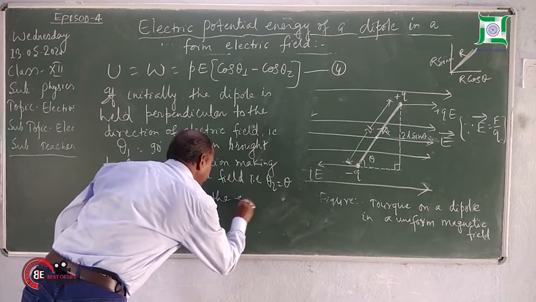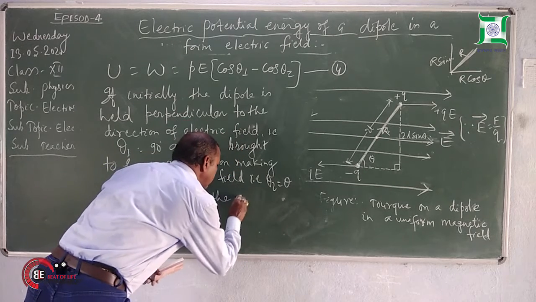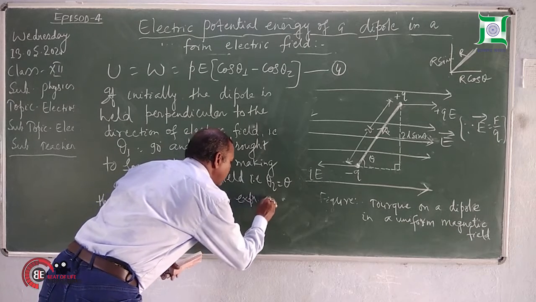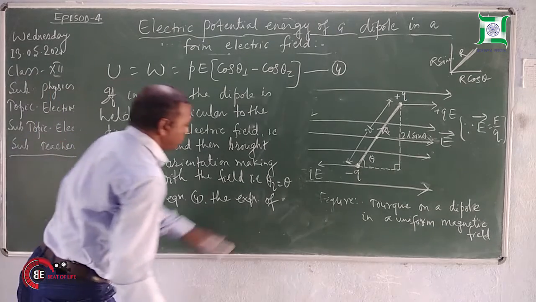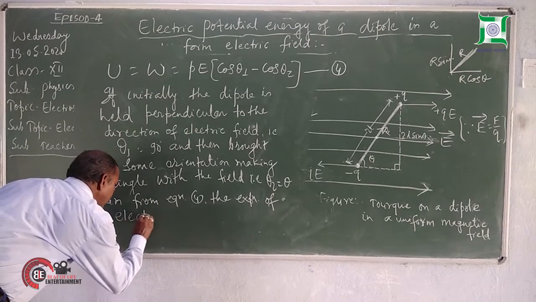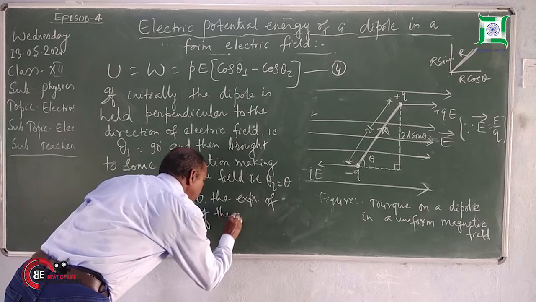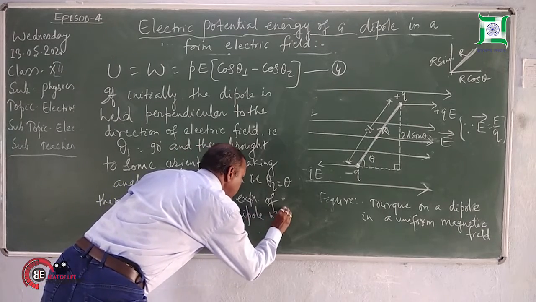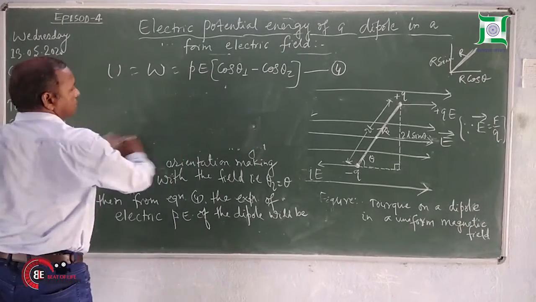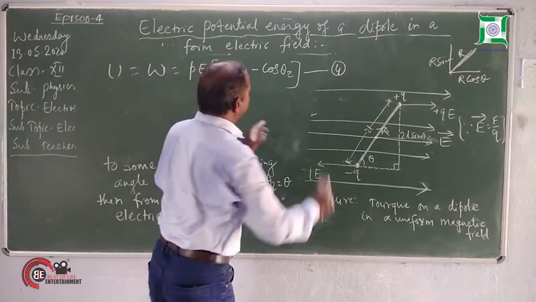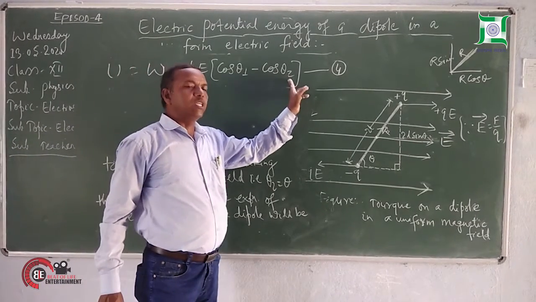The expression of electric potential energy of the dipole will be, as we have discussed, theta 1 will be equal to 90 degrees and theta 2 will be equal to theta.